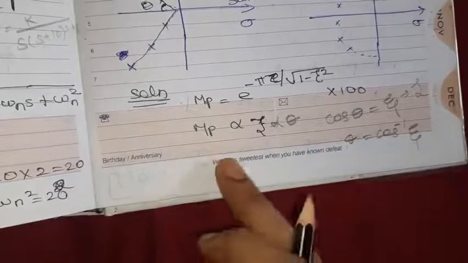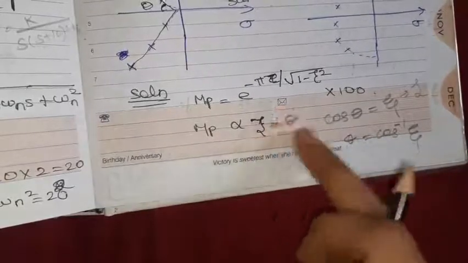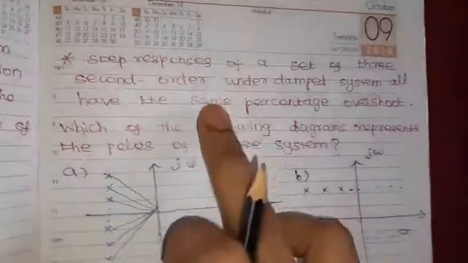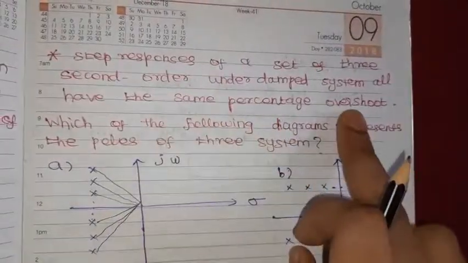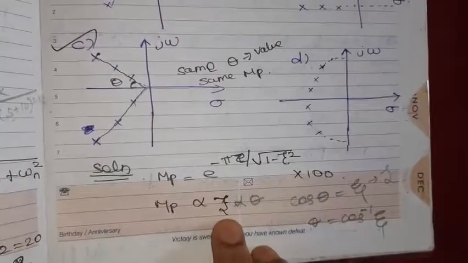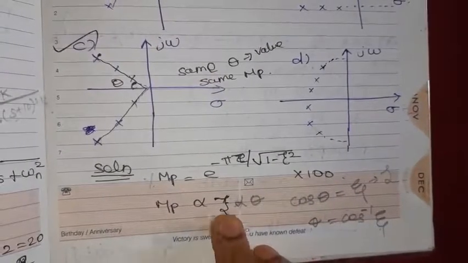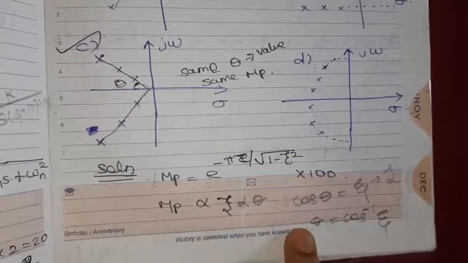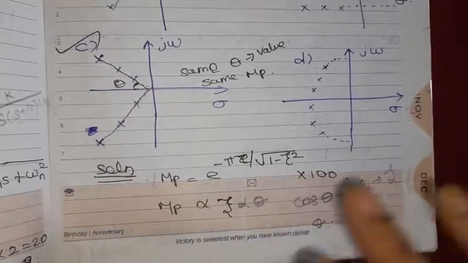What is given in the problem? Same percentage overshoot. Which means the same zeta value, as all are directly related. That is equal to the angle also being the same for the three systems.